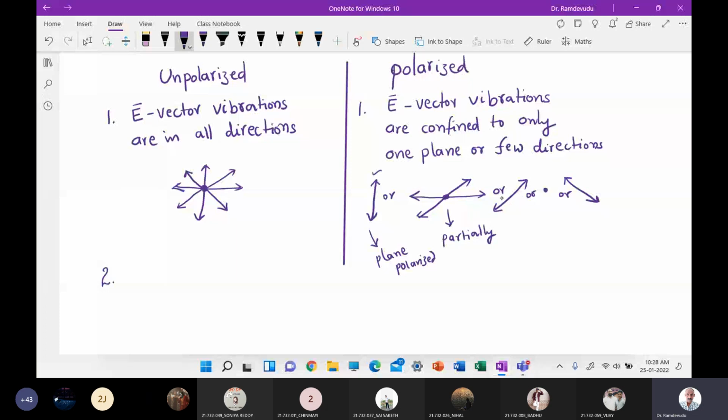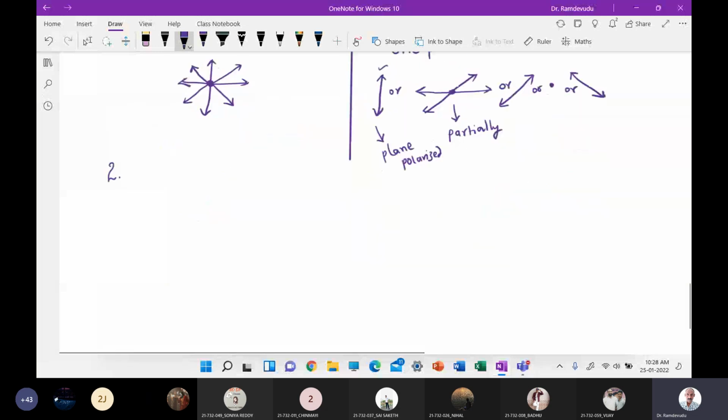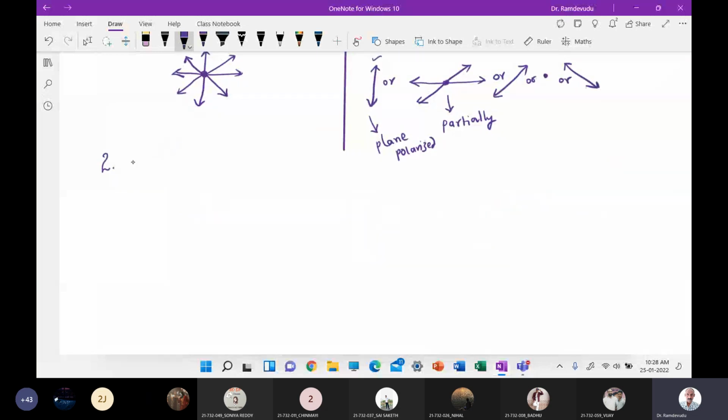Therefore, the second point is that unpolarized light has E vector vibrations symmetrical about the direction of propagation.